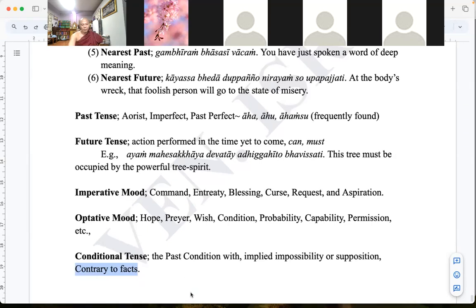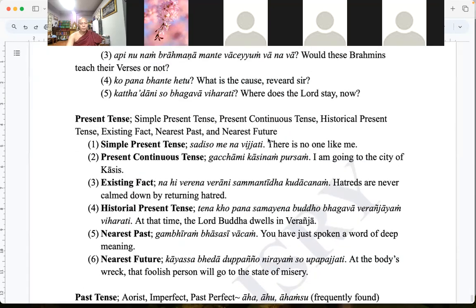Okay, Haro. Yes, Bante. We just have only one point, Bante. It is for the near future, that with the nearest future we will use the simple present tense to express the nearest future. So in this case, Bante, whether we also can use future tense for the nearest future, or just the simple present tense only?